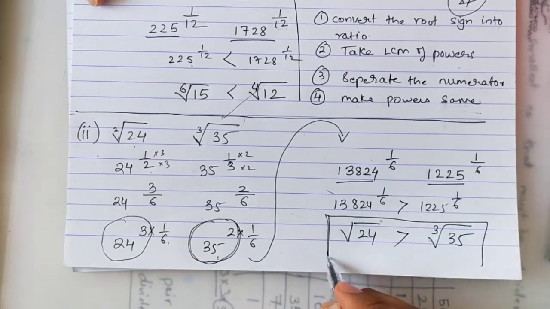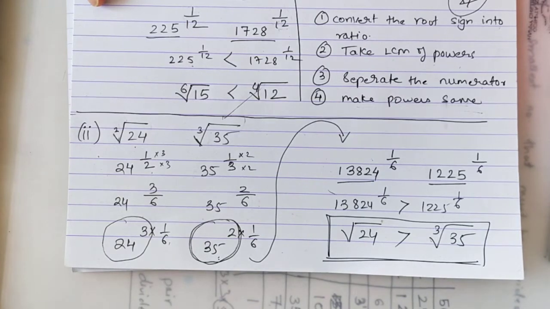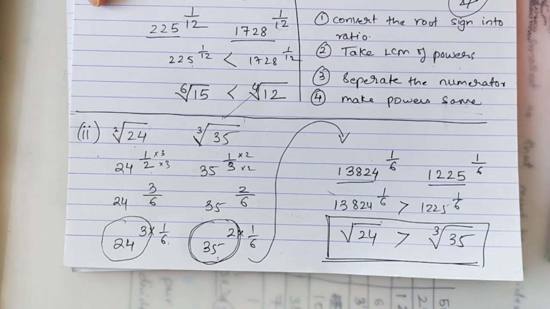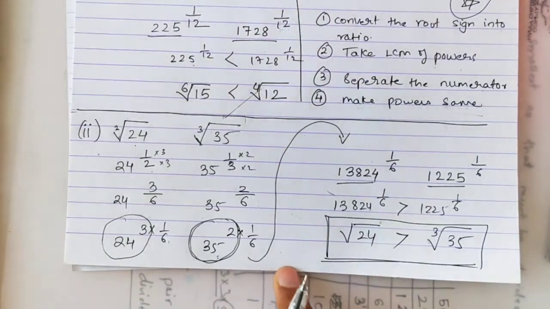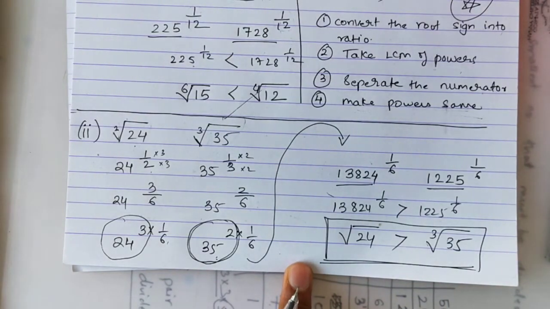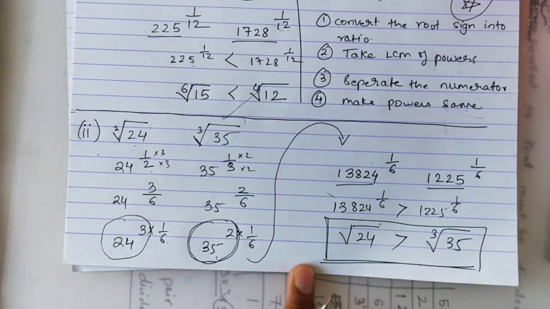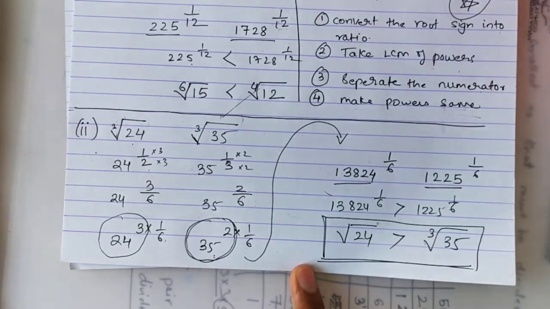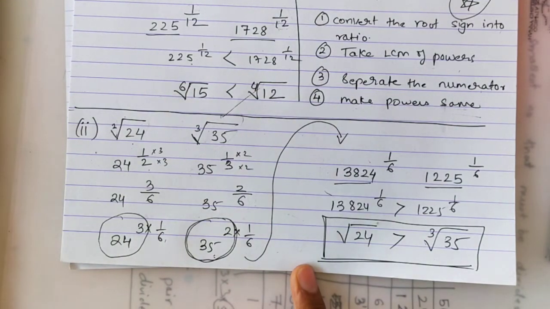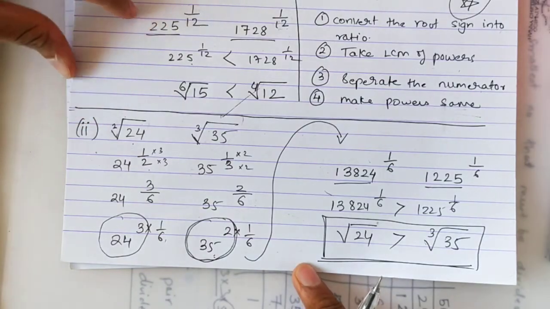This is my final answer. Okay. So there are only two sums based on this compare theory. Copy the sum. Next.